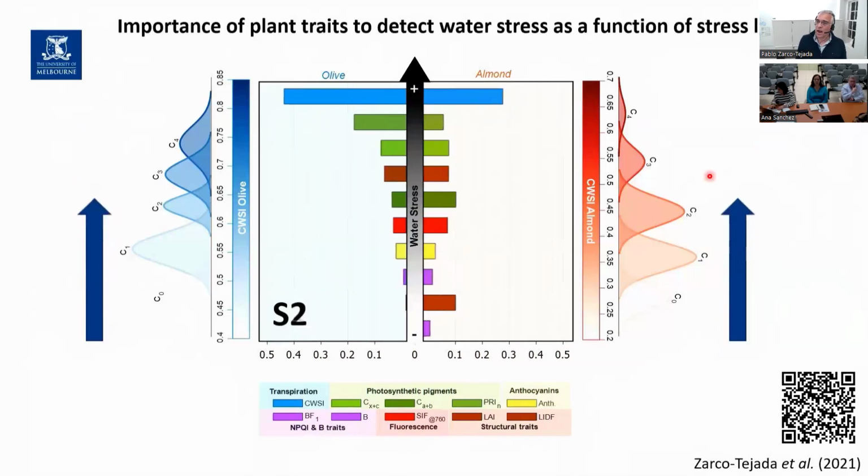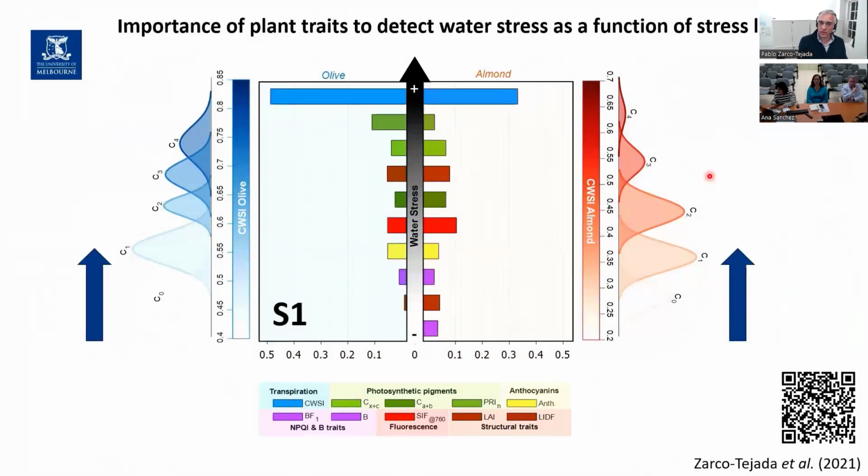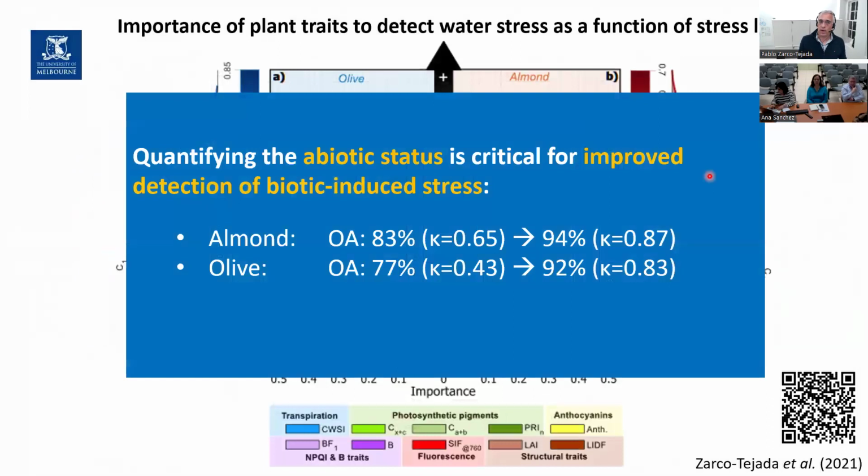Taking into account the abiotic component, by understanding the dynamics of the water stress, is the way we went from around 80-something percent and kappas of about 0.6 to more than 90% in the case of olive and almond, and around 92% in the case of olive.